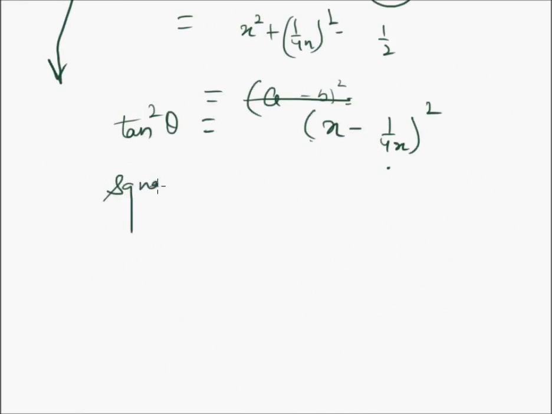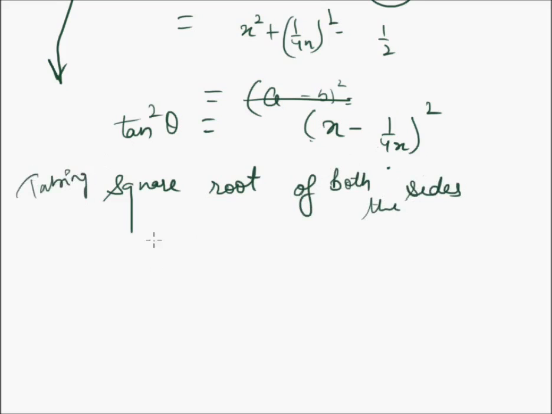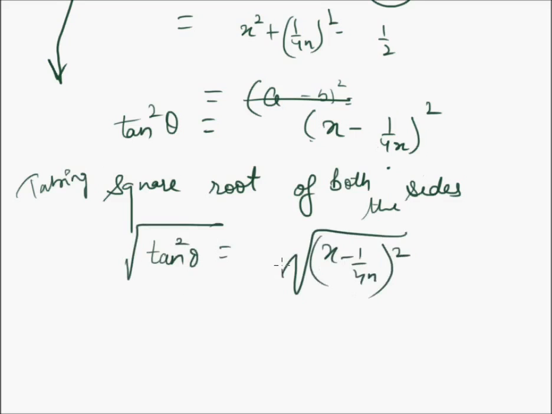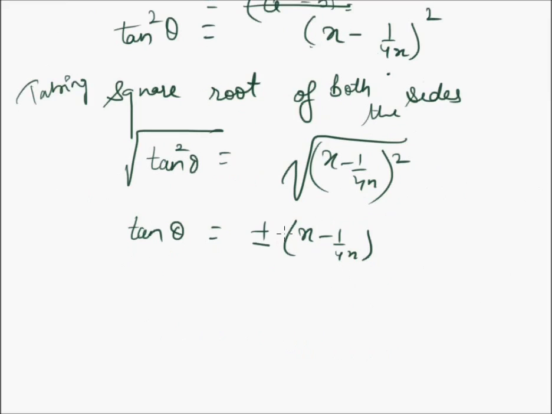On taking square root of both the sides, it will give us tangent theta equals under root of (x minus 1 by 4x) whole square. That is tangent theta equals plus minus (x minus 1 by 4x). This plus minus has been justified in previous videos.